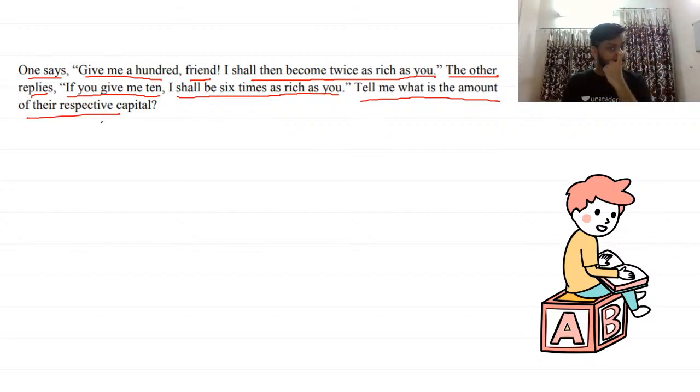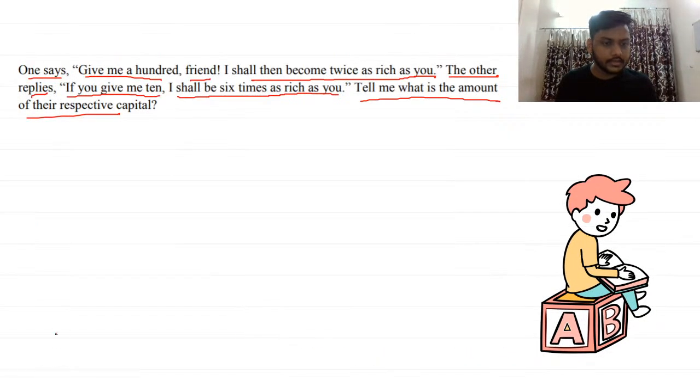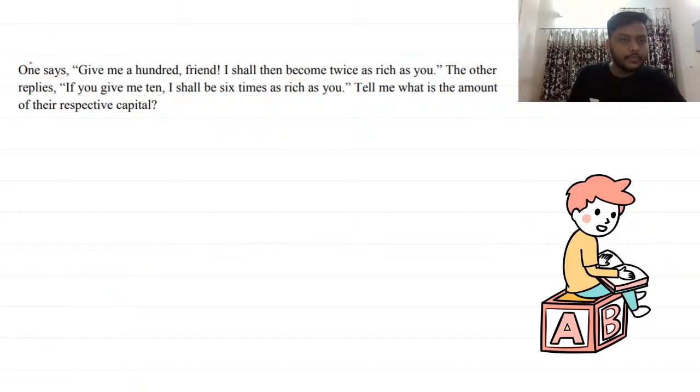You got it? So the question says there are two people. Hold on, guys. Let's understand this question. First is this one, and second is this other that I'm talking about. So let's say the first person I'm naming as A, and the second person, the other one, I'm naming as B. So there are two persons, A and B, and now A says to B, give me 100, friend.